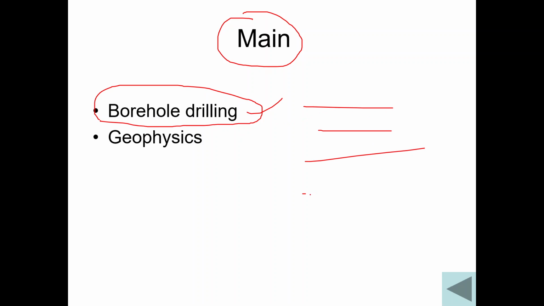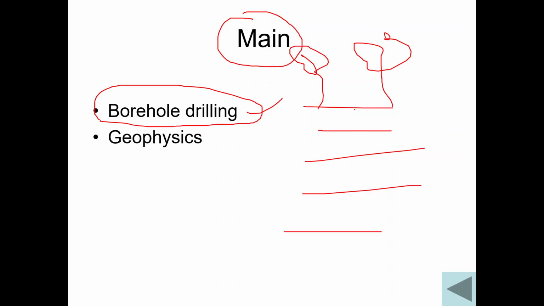So we want to know the profile of our, let's say, we have soil here, the top layer. We want to see how our soil profiles look like, meaning what our underground, our subsurface looks like, the model of the subsurface.